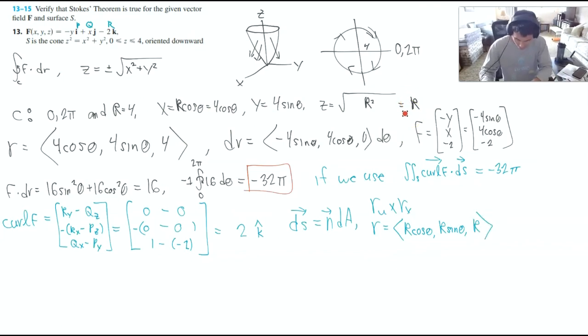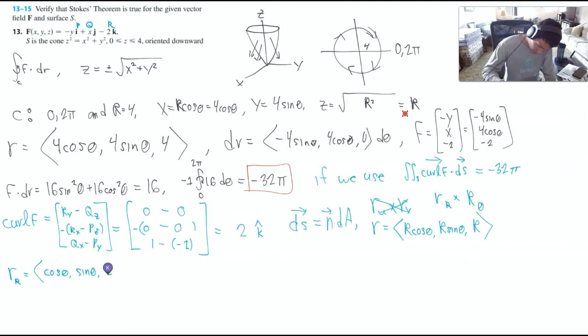So then I'm going to scratch this out. I want r with respect to R, and r with respect to theta. Okay, that's what I want. And let me write this as little r. So if I do that, then when I get r with respect to R, what do I get? I get cosine theta, sine theta, and 1.